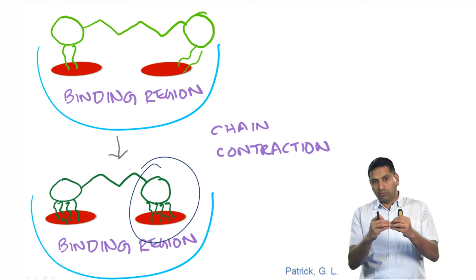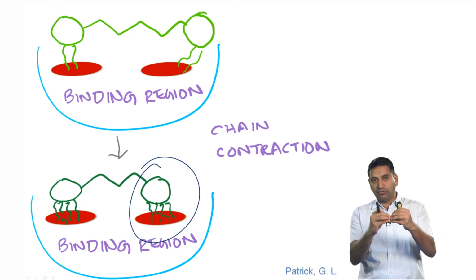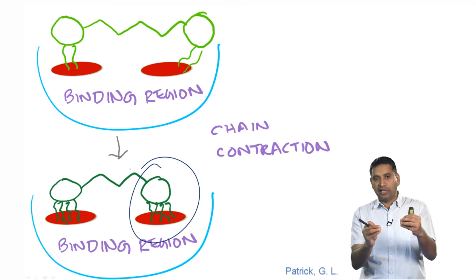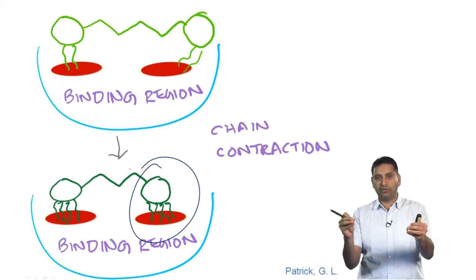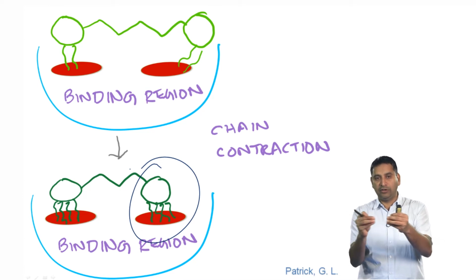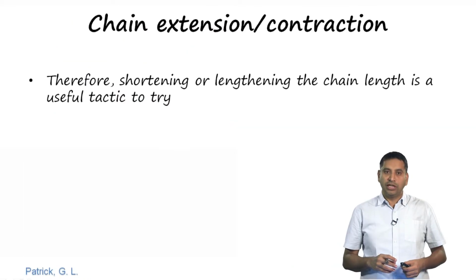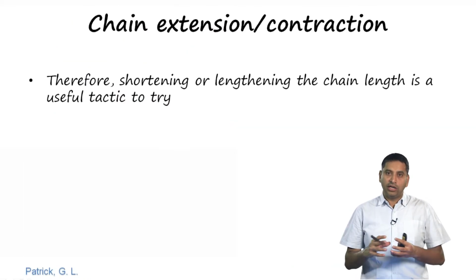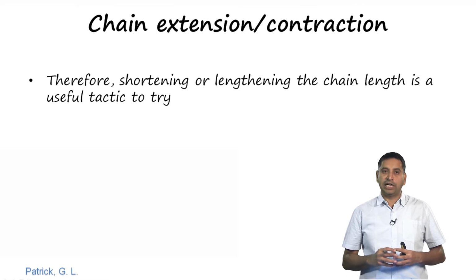What we need to think about here is that based on the pharmacophore that we have, there may be one binding interaction that is important, and there may be another binding interaction which is important. By modulating the chain length here, we can increase or optimize these features. Therefore, shortening or lengthening of the chain is a useful tactic to try.